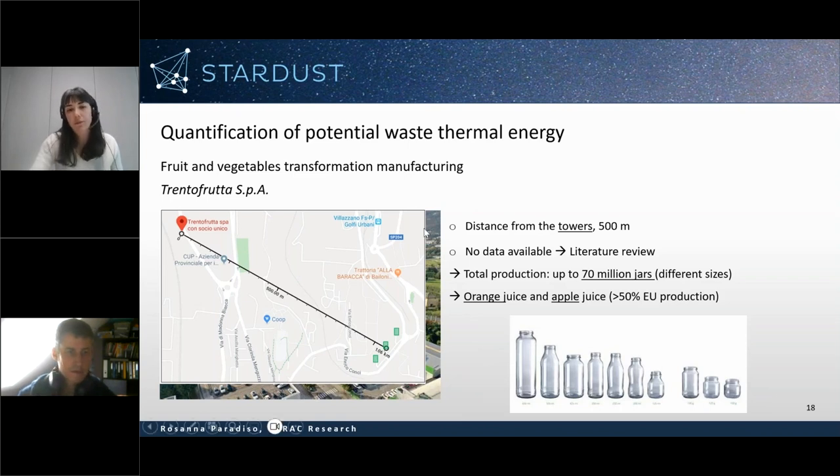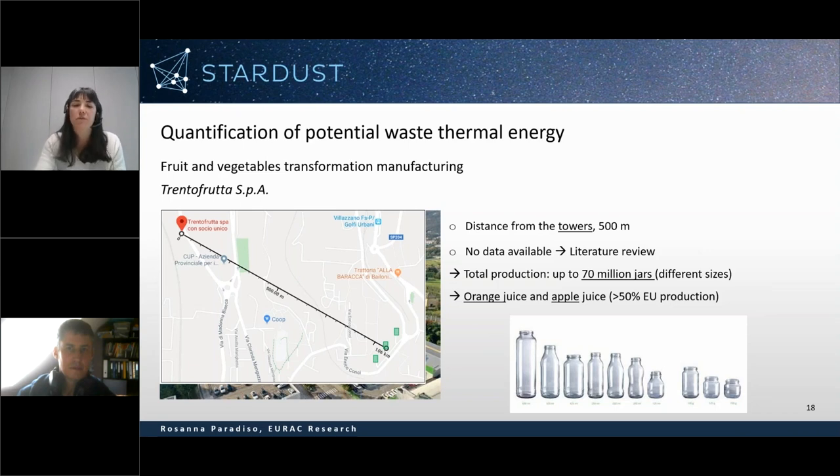So the total production is up to 70 million jars, but they didn't share any data, so we proceeded with literature review. We discovered that in Europe, more than 50% of juice production is orange juice and apple juice.